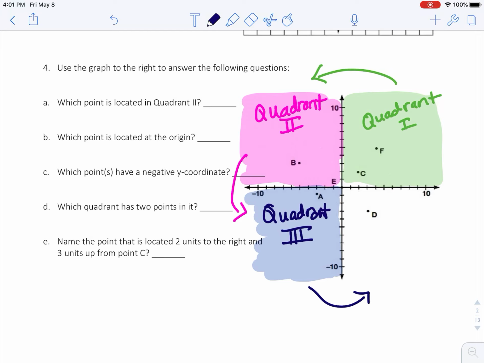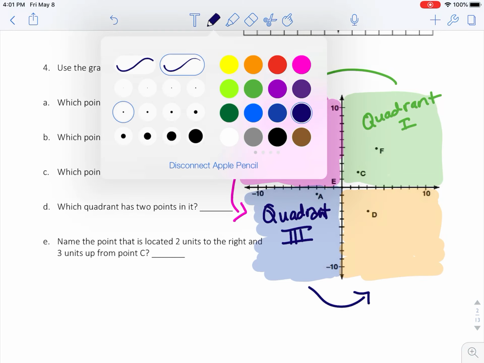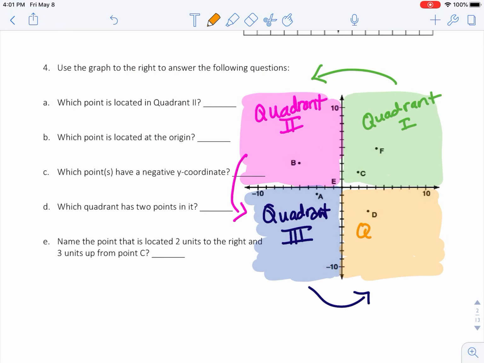And then we keep going this way around the circle. And my last quadrant will be this one over here at the bottom right. And that one is called, if you remember, it's the last one. So it's quadrant 4. Do you remember how to do a 4 in Roman numerals? It's like that, IV.